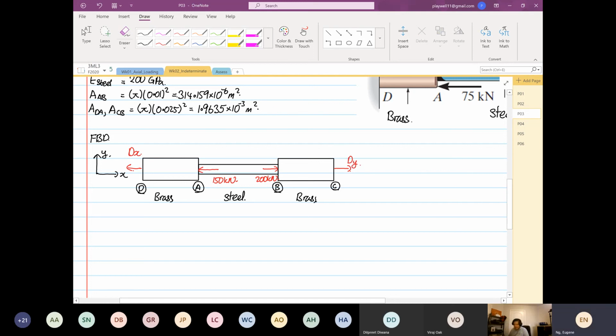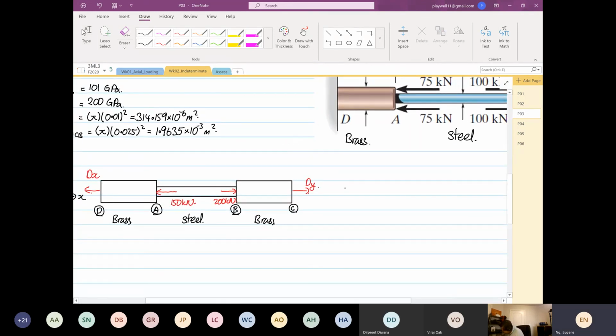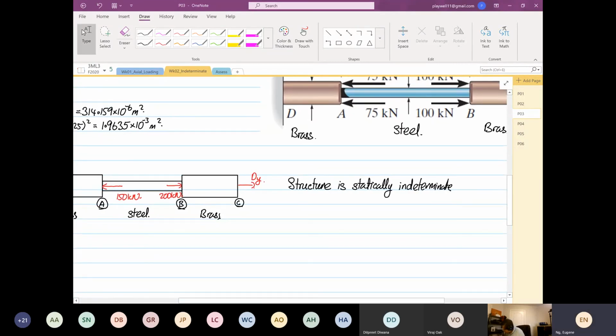We also realize that from here we can see that the structure is statically indeterminate. So when that's the case, we have to apply what? Delta L plus delta R must be equal to 0 to solve this problem. It's statically indeterminate.